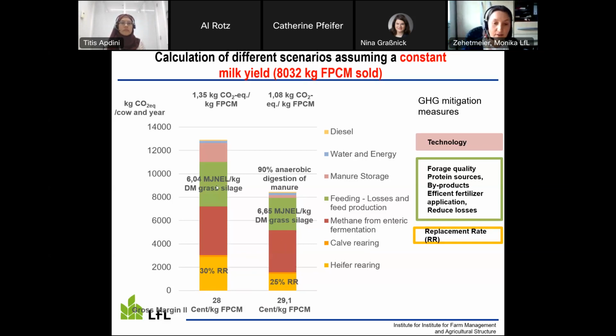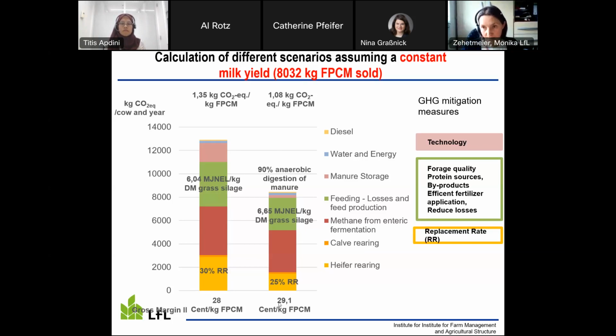And you can also see that the gross margin, with all variable costs included, increases from 28 cents per kilogram milk to 29 cents per kilogram milk.